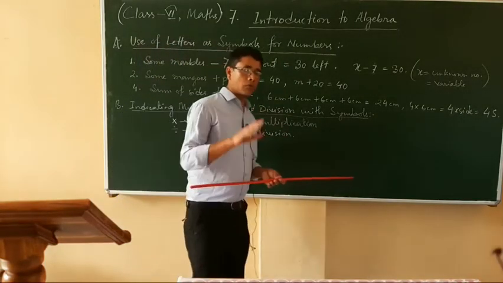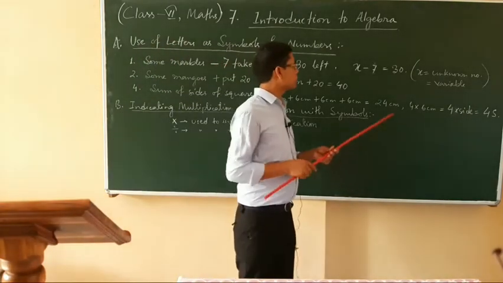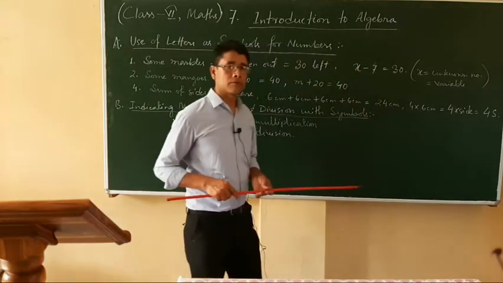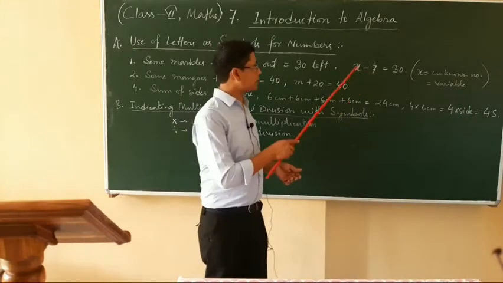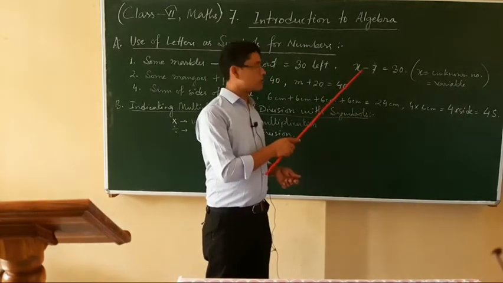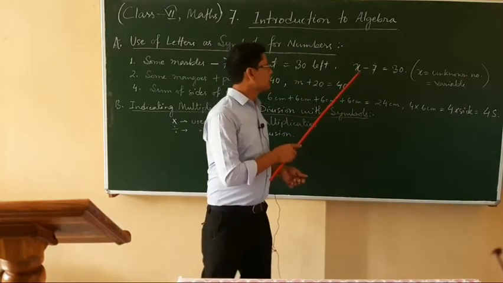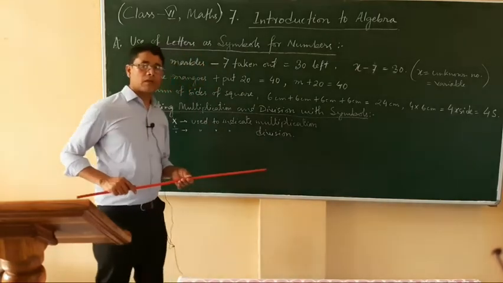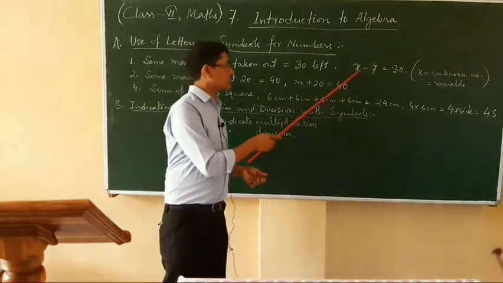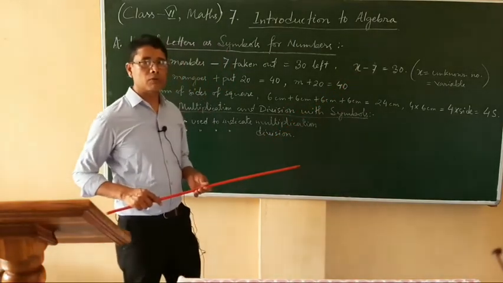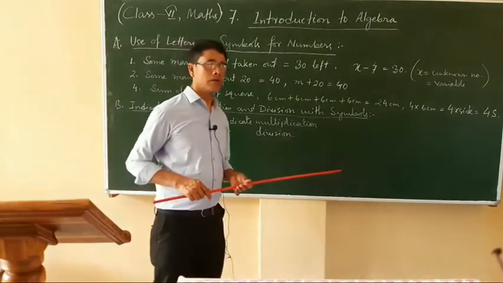That means the quantity that we don't know, for that we will take X. X means it is unknown numbers. That means it can take the value of any. So such symbols are also called as variables. Variables means they do not have any fixed value. They can take any number.